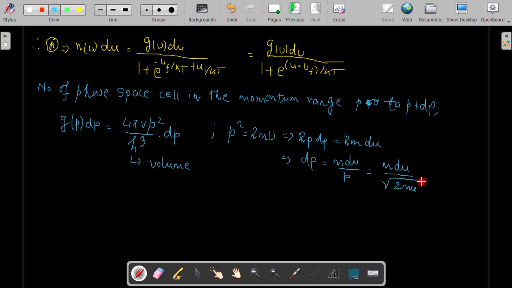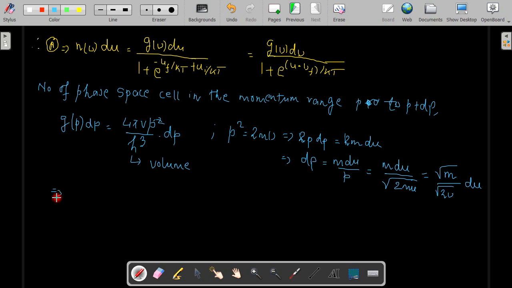This again is something which I'd like to leave to you. You can simplify further, and simply write it as m by root m, so it will be root m on top, and at the bottom root over 2u, and there will be a du. So in place of dp I can write this, and in place of p squared I can write 2mu.